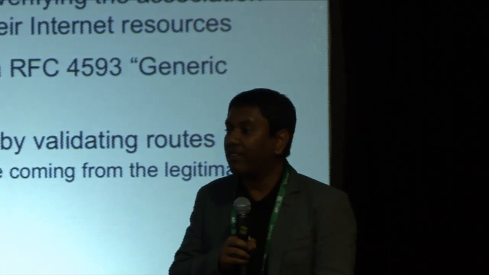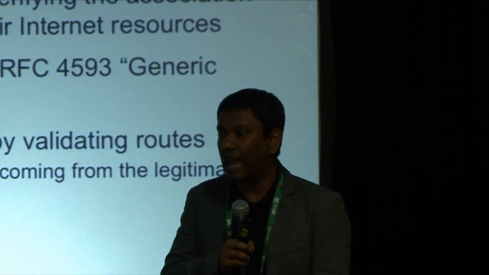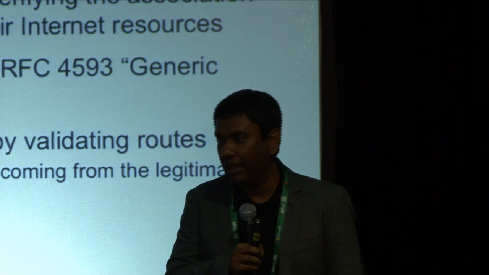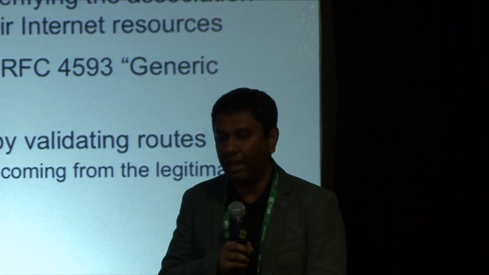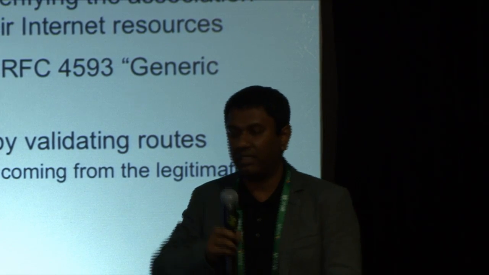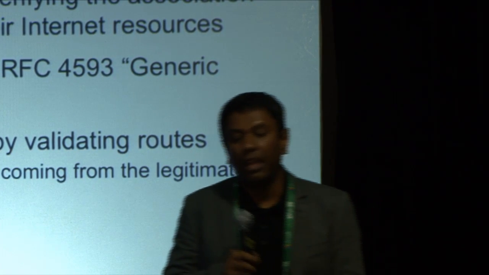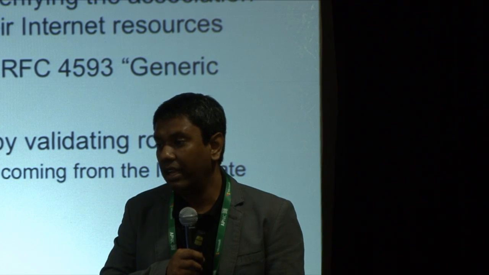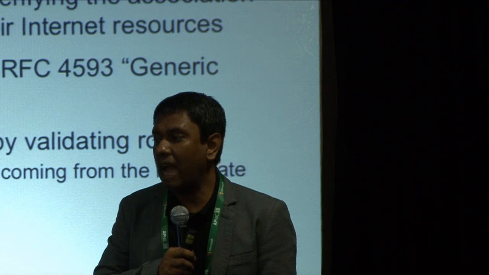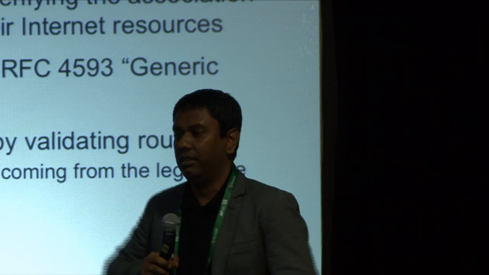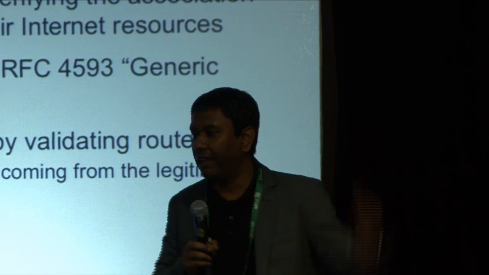Why do we need to build that trust? Because that is how the customer and service provider relationship has been built. If you have a network connected in here, and if you have got a trust with your upstream like Telstra, any business trust or any contract or any SLA with them, your prefix will be allowed through that particular AS. That's the common logic. If your prefix is advertised through another AS where you don't have any trust, that just the prefix has been linked to that AS, right?